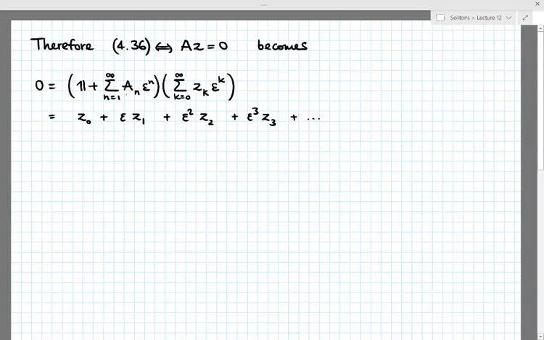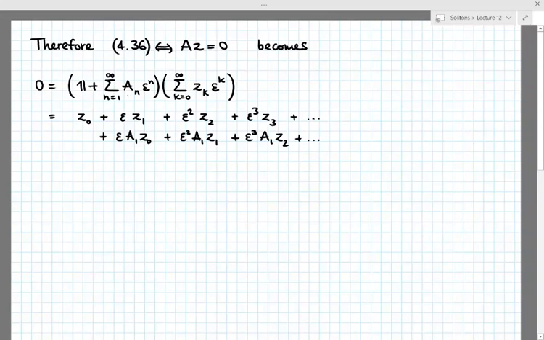Then I can act with the A1 which multiplies epsilon on Z, and so I'll get plus epsilon A1 acting on Z naught plus epsilon squared A1 acting on Z1 plus epsilon cubed A1 acting on Z2 plus higher orders in epsilon.